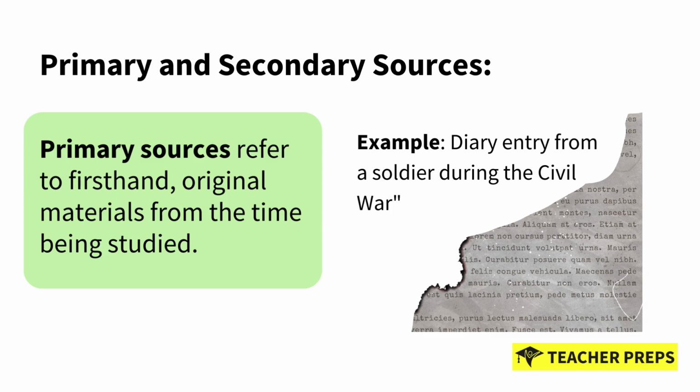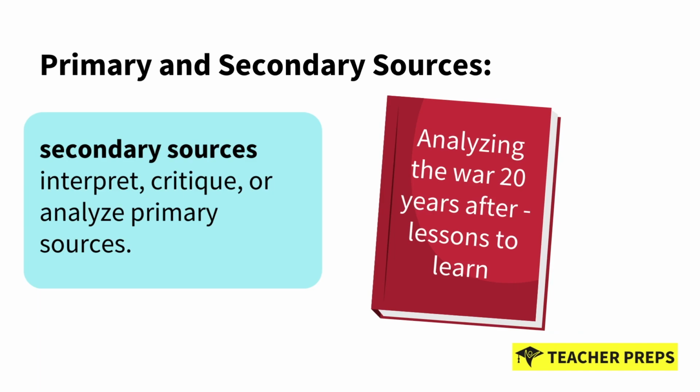For instance, a diary entry from a soldier during the Civil War would be a primary source. On the other hand, secondary sources interpret, critique, or analyze primary sources. Examples include books, articles, and documentaries. An article analyzing the soldier's diary mentioned before is a secondary source.